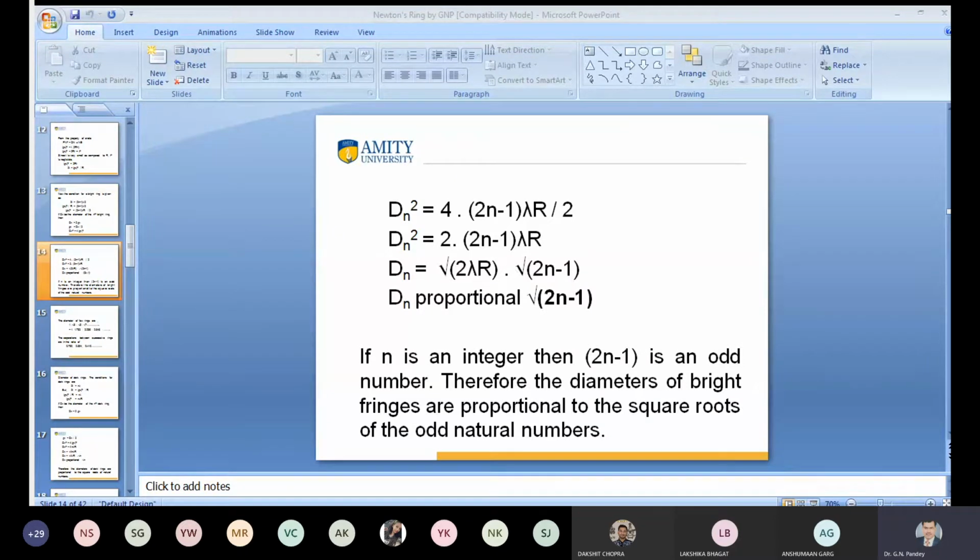Keep in mind, for the bright fringes, the diameter is directly proportional to the square root of odd natural numbers. So again, I want to calculate the diameter of the dark ring.